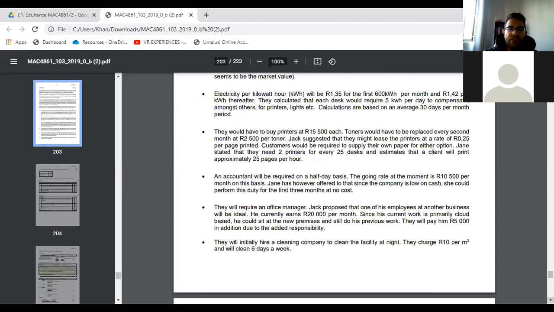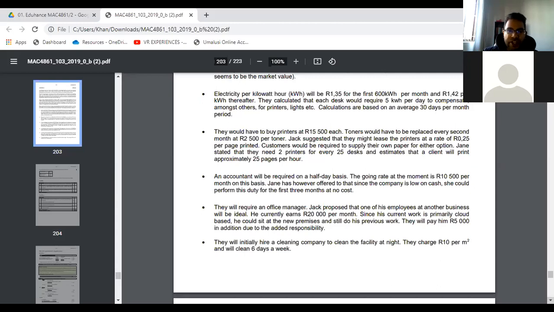Customers would be required to supply their own paper for either option. Jane stated that they need 2 printers for every 25 desks. How many 25 desks in their building? There are 4, because 100 desks divided by 25 gives 4. Each of those will require 2, so they'll have to buy 8 printers at 15,500 Rand each. And each printer will require a toner every 2 months.